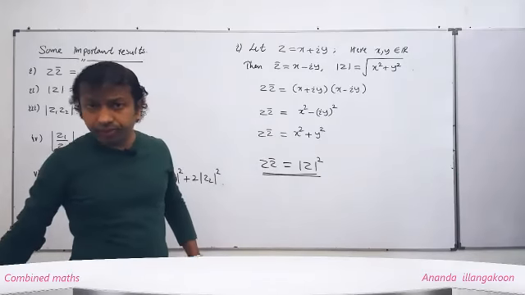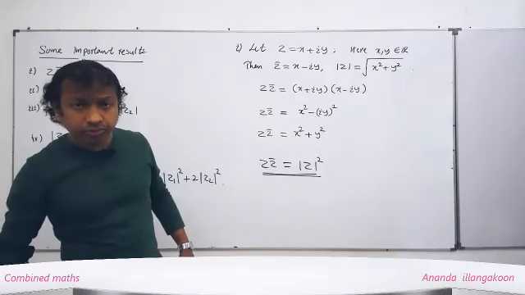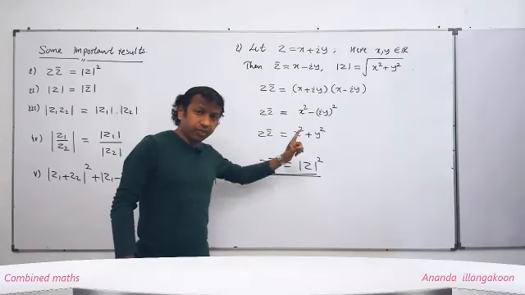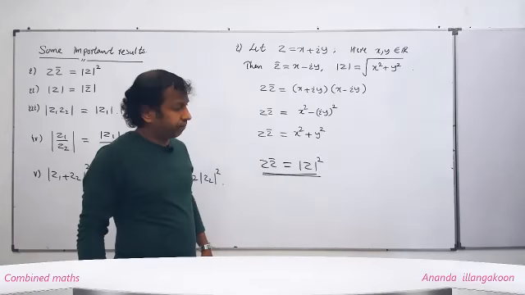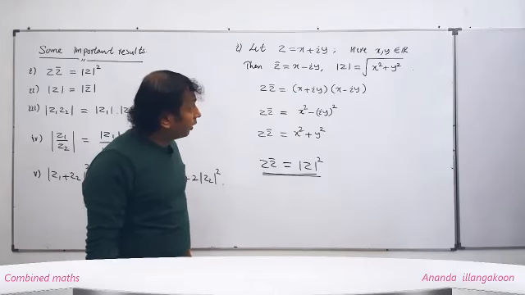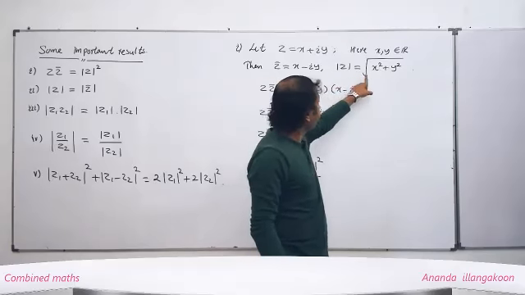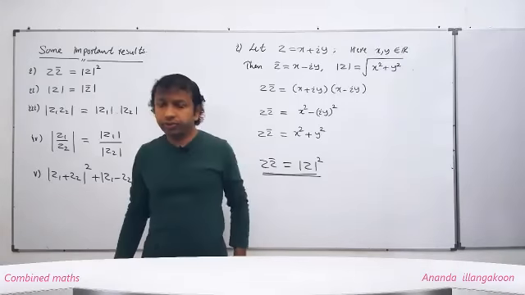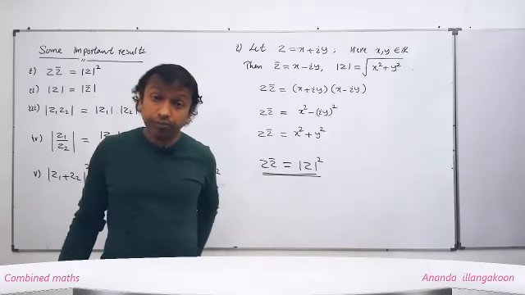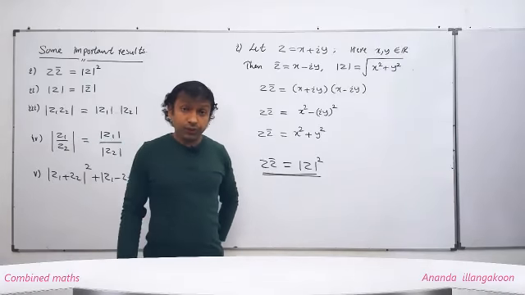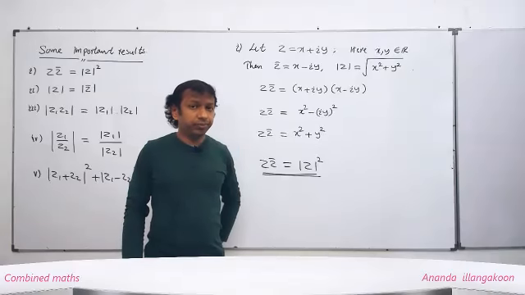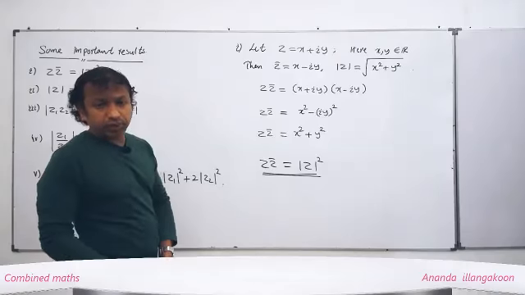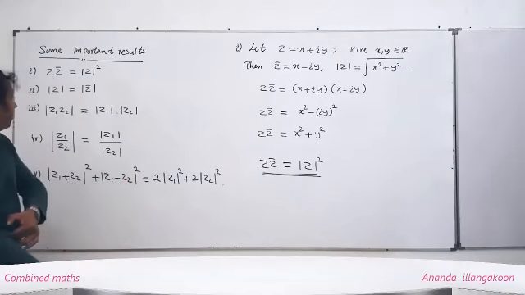This is the result. So therefore, whenever you see z times z bar, people, you can write for that product mod z squared. And the other thing is, you can very clearly understand this: for the mod z, you get a positive real number, remember. Positive real number or 0. 0 comes when the complex number is 0. Okay, that is how we take the first result.